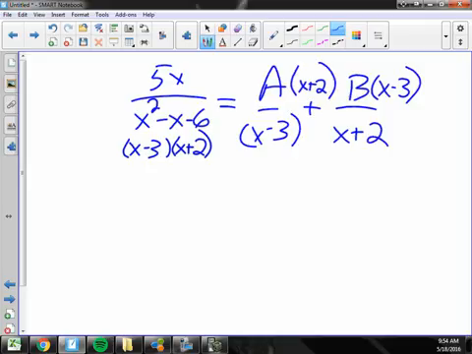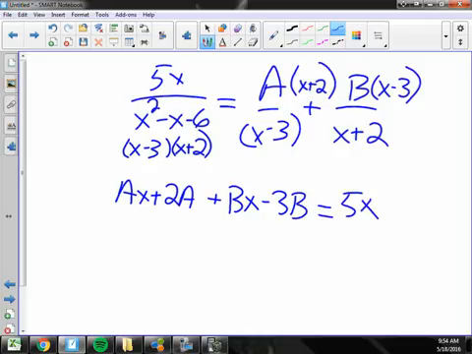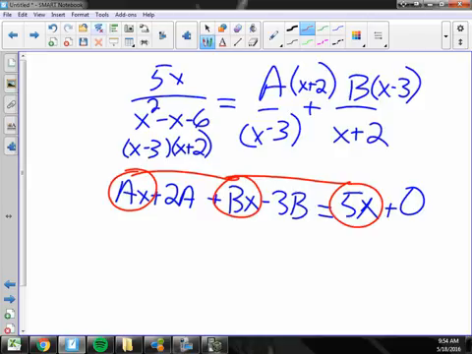So we end up with ax plus 2a plus bx minus 3b is equal to 5x, and it might be a good idea to put plus 0. So now I just group all of the x's and all of the constants. So this and that turns into a plus b equals 5. You could write the x's, but we don't need them. Once we have them distributed into the correct row, we don't need the variables anymore.